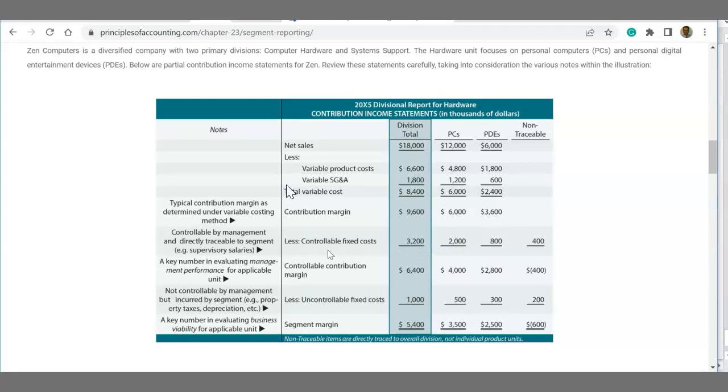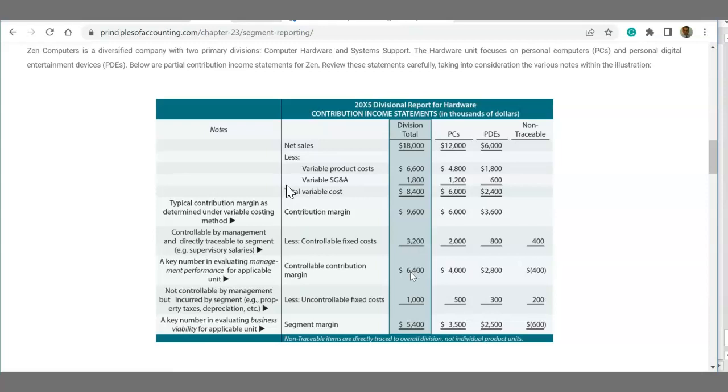And then we have controllable fixed cost, which is $2,000 directly traceable to PC, and $800 directly traceable to PDE, and $400 is non-traceable. So combined, controllable fixed cost ends up being $3,200 for the division.